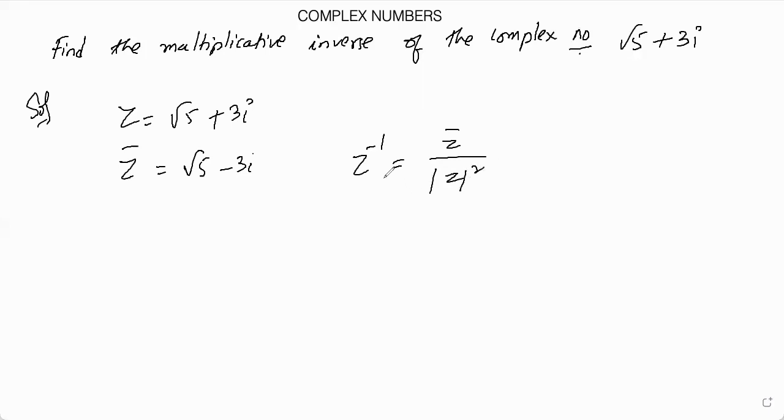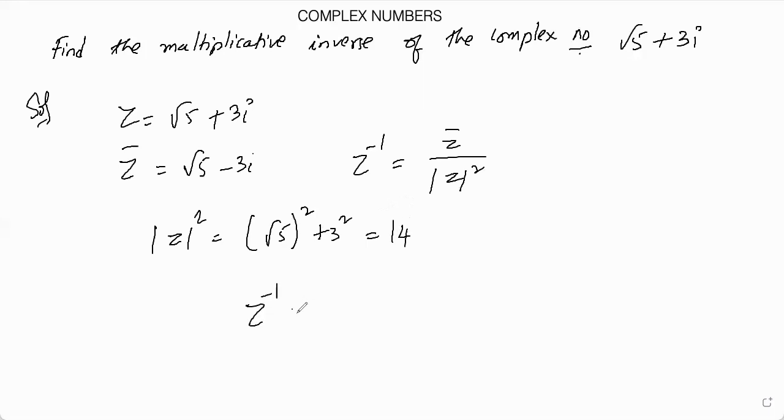So mod Z square is root 5 whole square plus 3 square, right? 5 plus 9, which is 14.